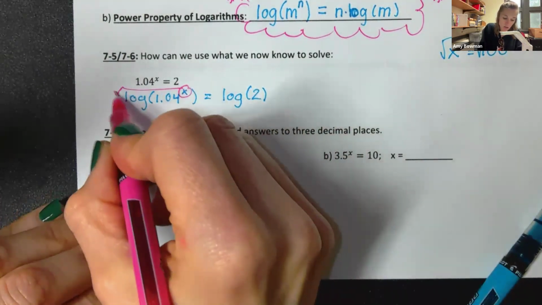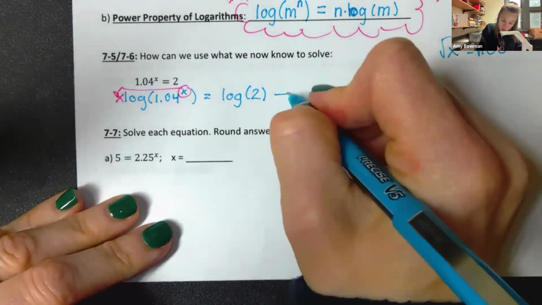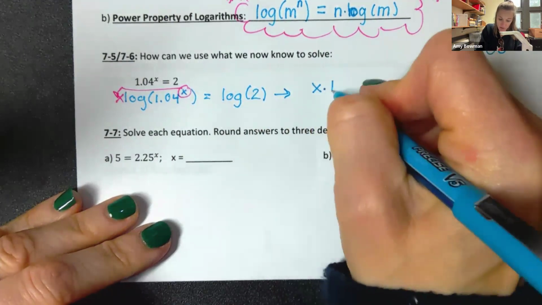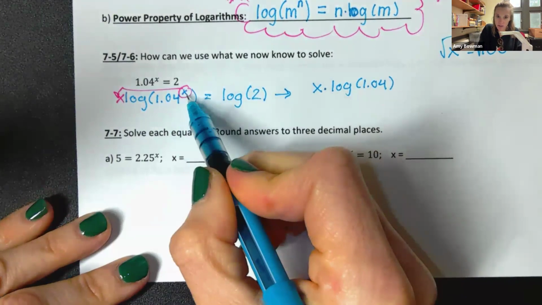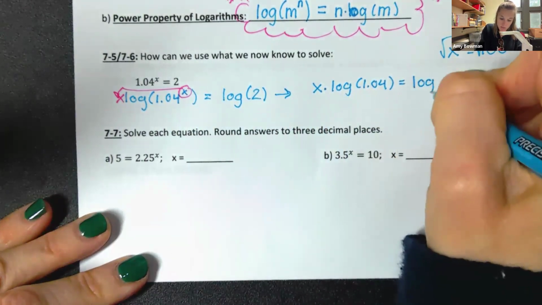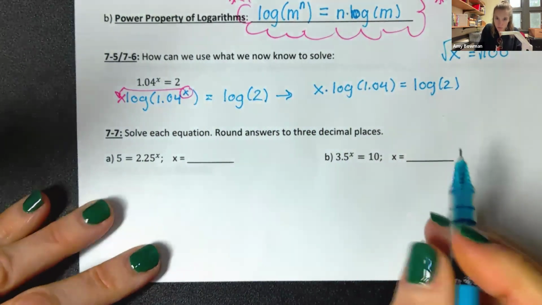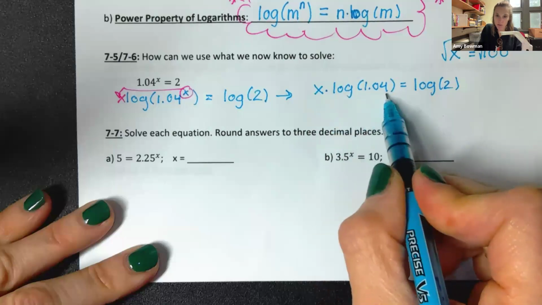It's going to turn it into multiplication. So now we have a new equation, x times the log of 1.04, it's no longer being raised to the x because the x is out front, equals log of 2. Now, if I want to solve for x, right now x is just being multiplied by log of 1.04.